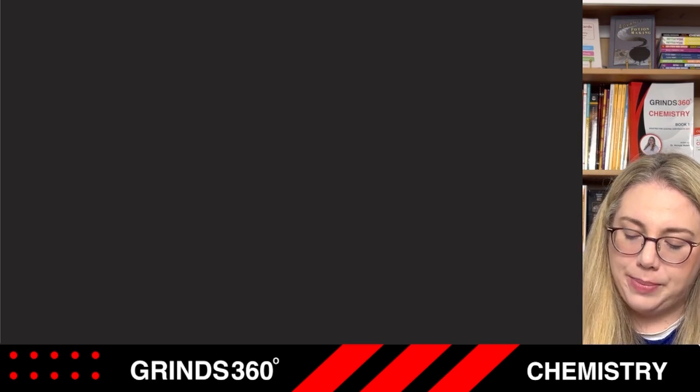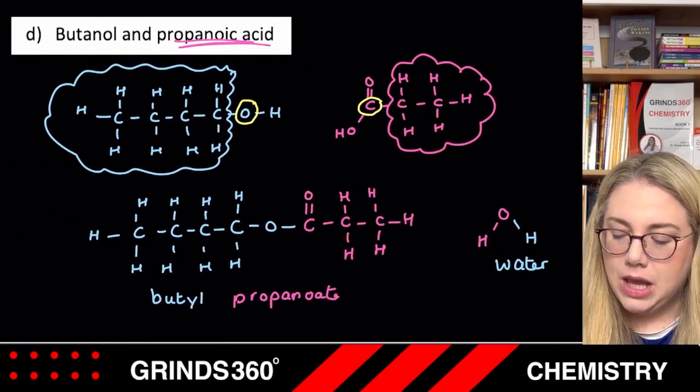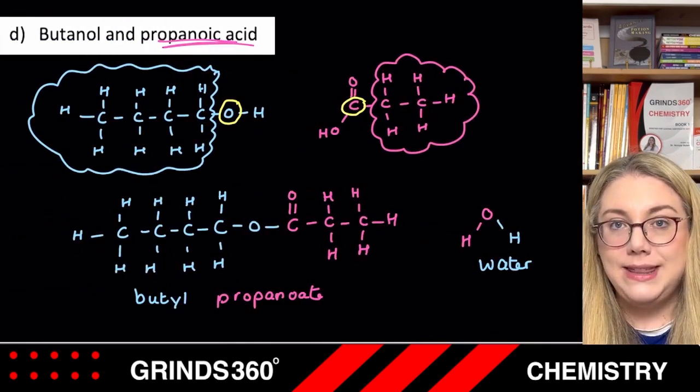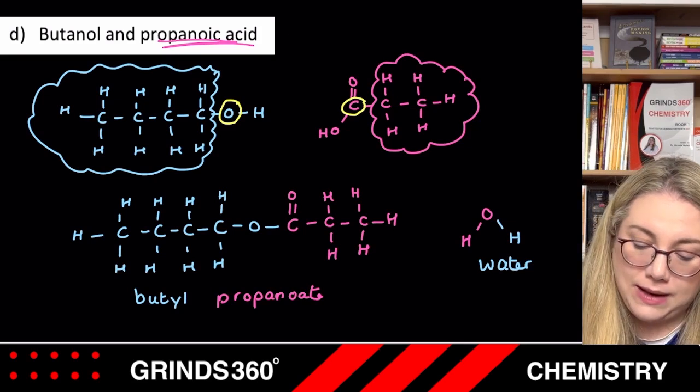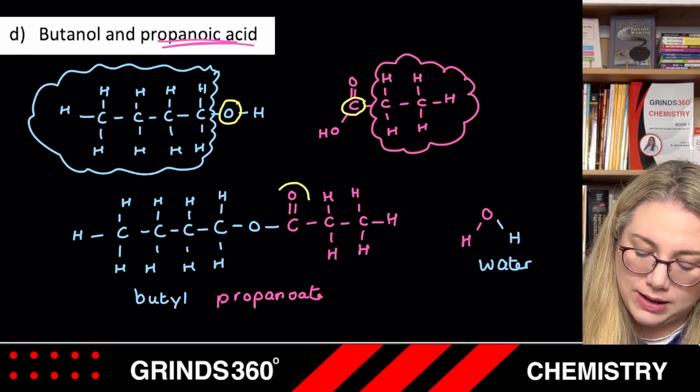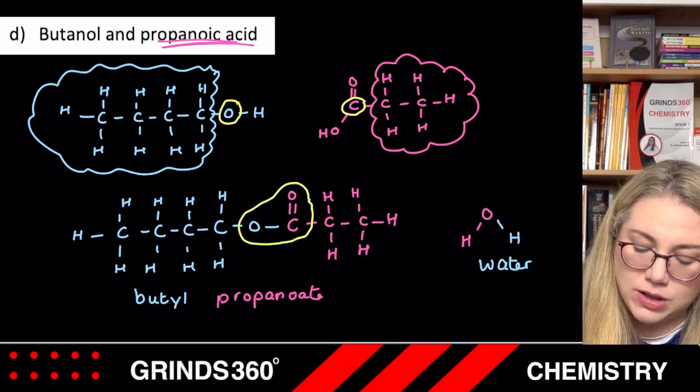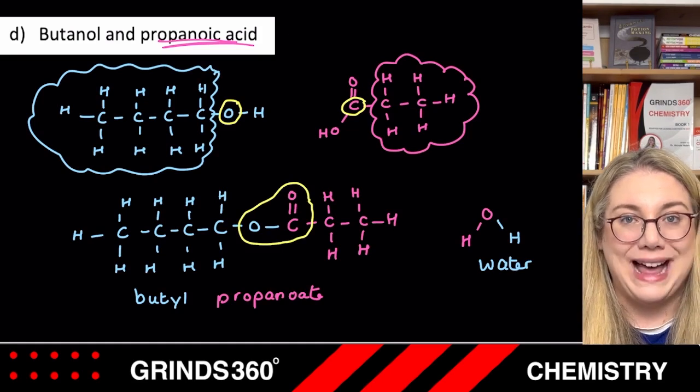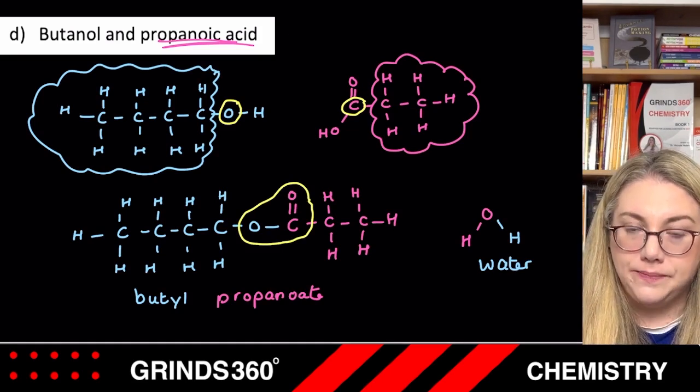So just to recap very quickly, you need to be able to identify the ester functional group. If it gives you a molecule or you draw a molecule, that is the ester functional group there. It's the C double bond O and the single bond to the oxygen.